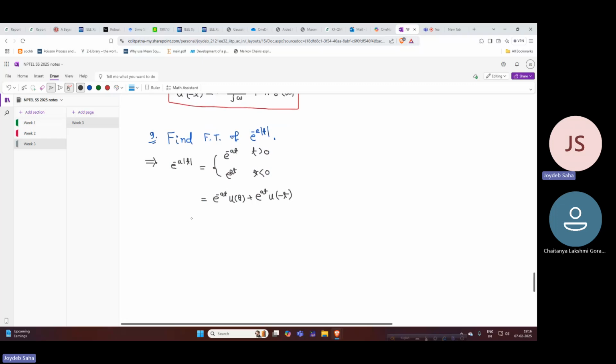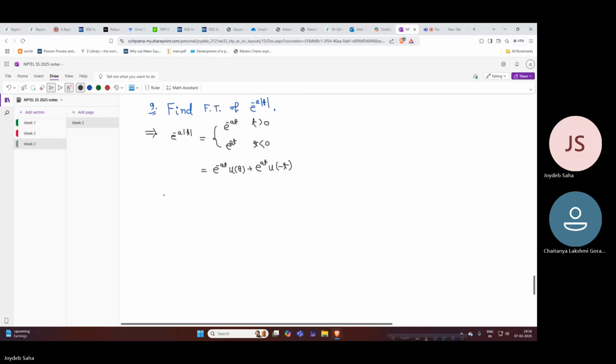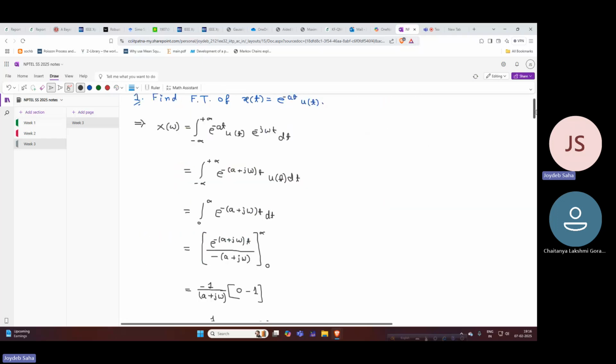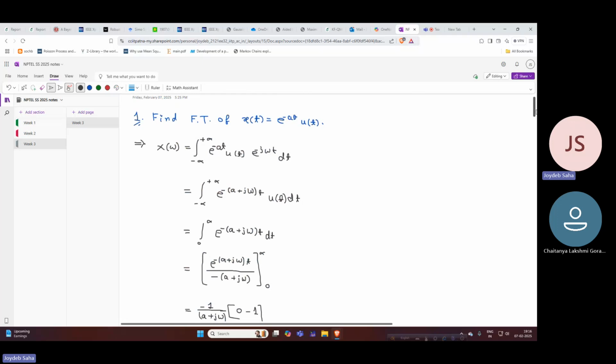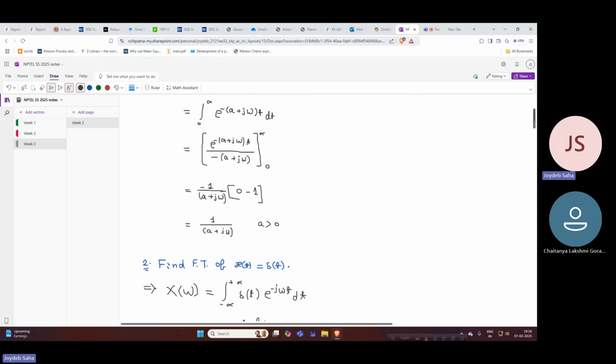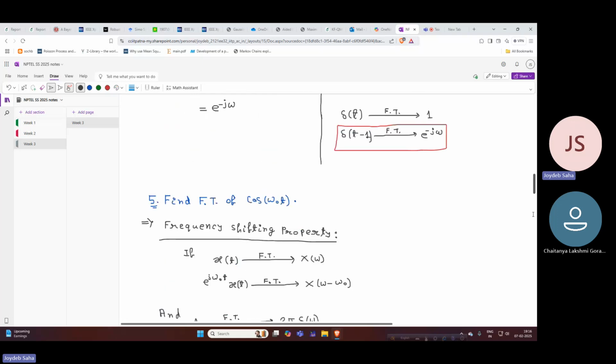Now, do we know the Fourier transform of e to the power minus at ut? Yes, it was the very first question. E to the power minus at ut was 1 upon a plus j omega, right?